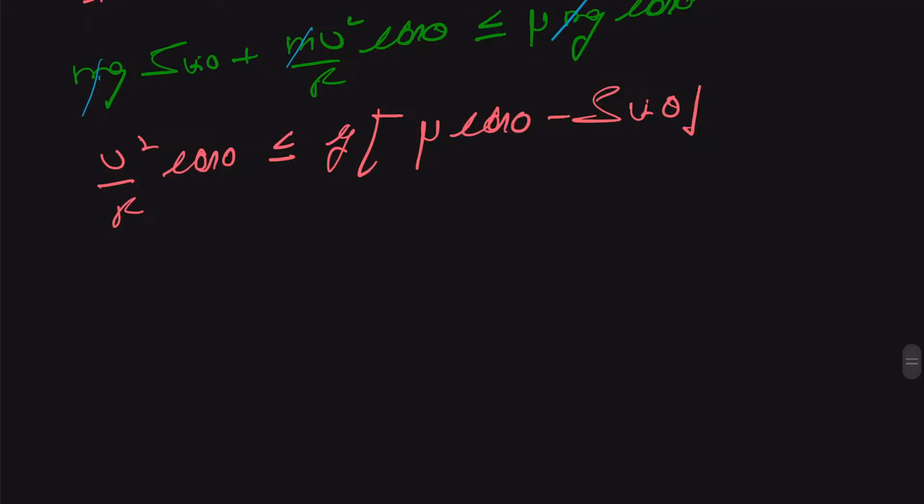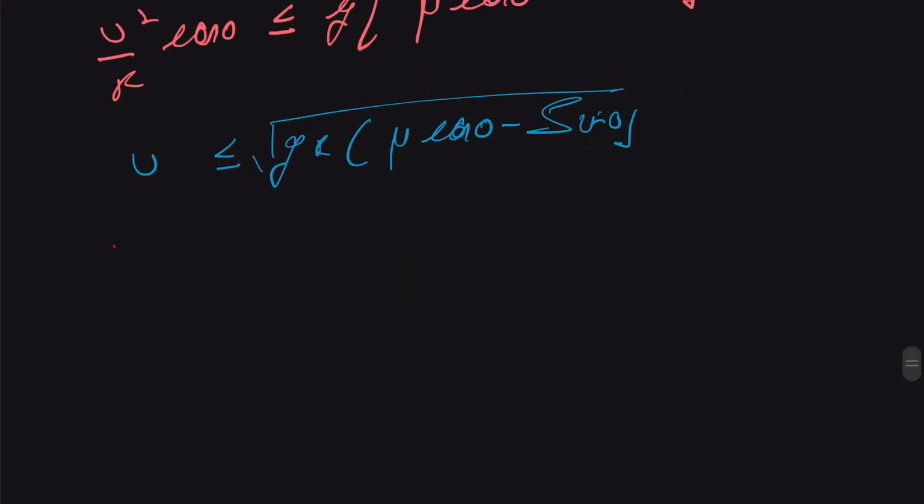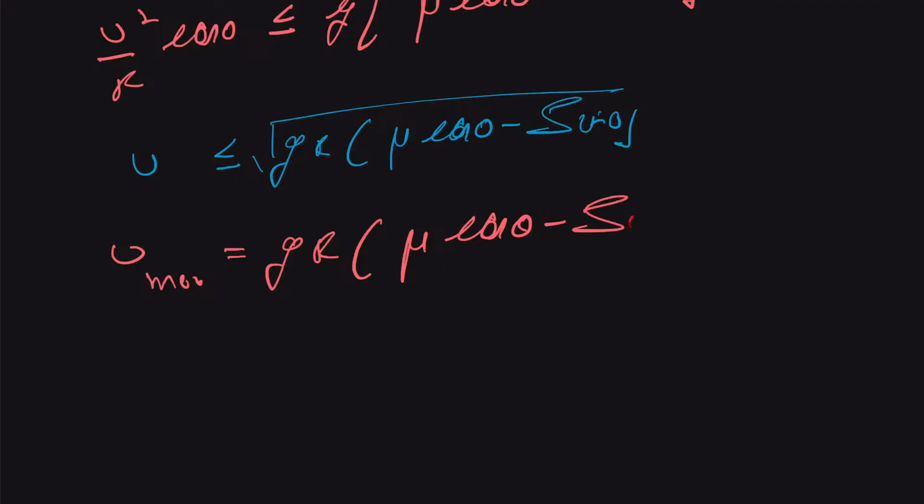And from here we can write that the velocity will be less than or equal to the square root of rg times mu cos of theta minus sine of theta. And the maximum value without slipping, V max, will be equal to the square root of gr times mu cos of theta minus sine of theta.